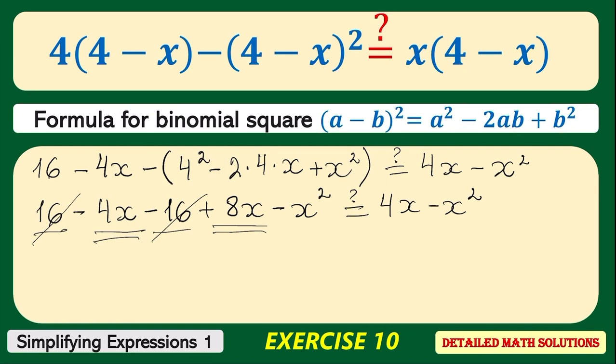Negative 4x plus 8x equals 4x. Then I have minus x squared. And this does equal 4x minus x squared. Therefore, I've proved that both expressions are equivalent.